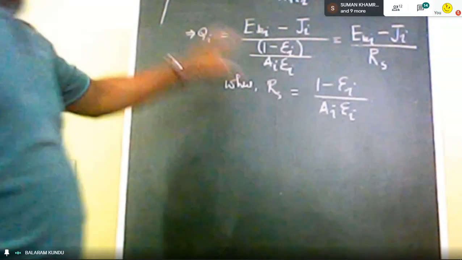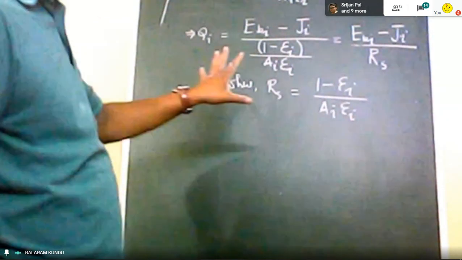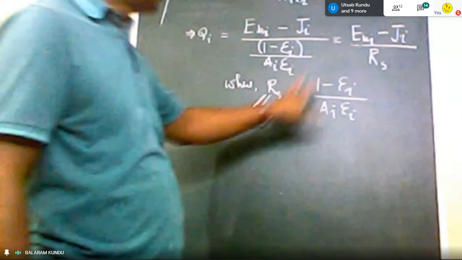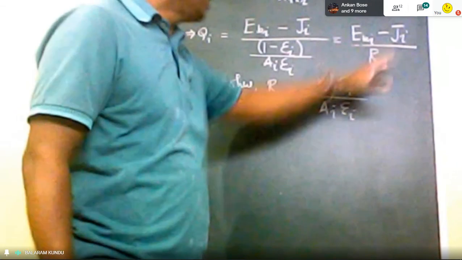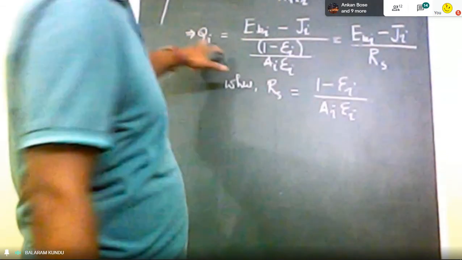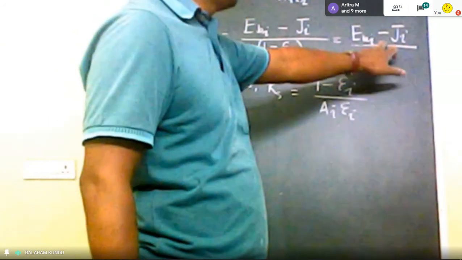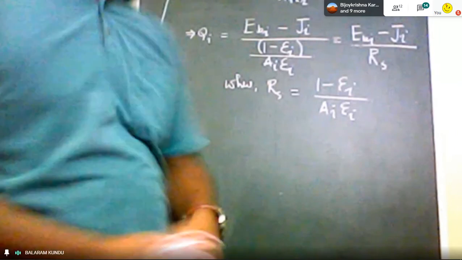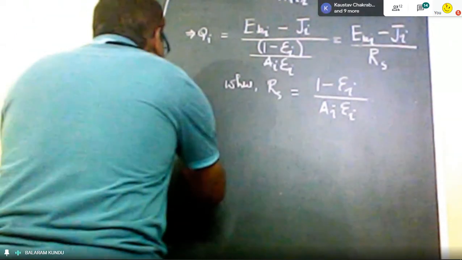Now, if the surface is black, surface resistance should be zero. So RS should be zero. If RS is zero, then what will happen? From this mathematical expression we can see EBI equals Ji.